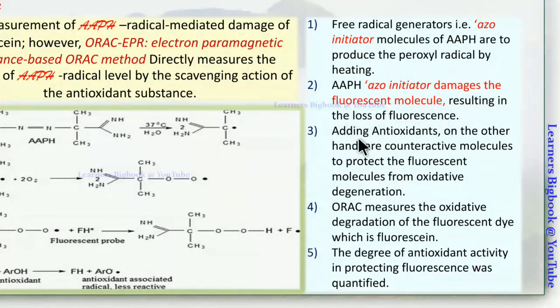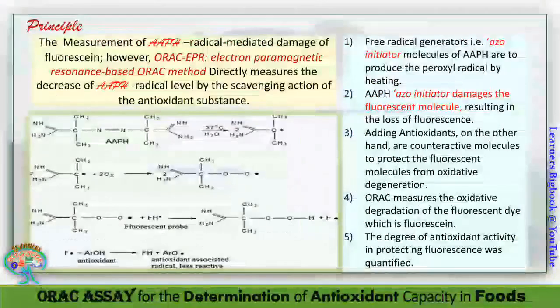Adding antioxidants, on the other hand, provides counteractive molecules to protect the fluorescent molecules from oxidative degeneration by the AAPH radical initiators, and this saves the fluorescent dye, which is the fluorescein. Then the degree of antioxidant activity protecting the fluorescence was quantified. So I hope I have spoken very clearly.